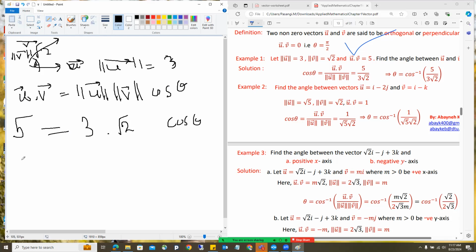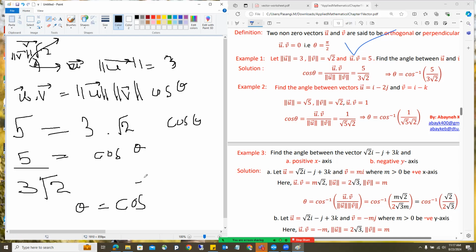Then cos theta equals 5 over 3 square root 2. Then theta equals cos inverse of 5 over 3 square root 2. That's what we have here.